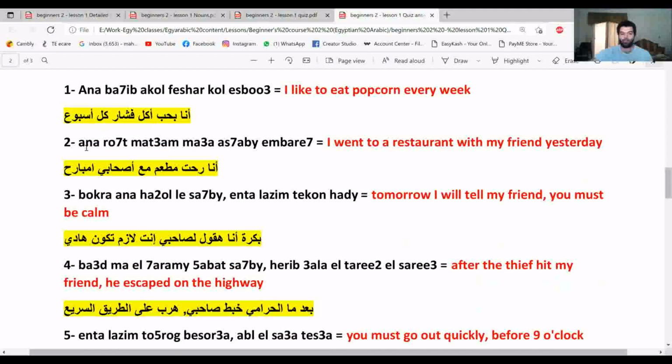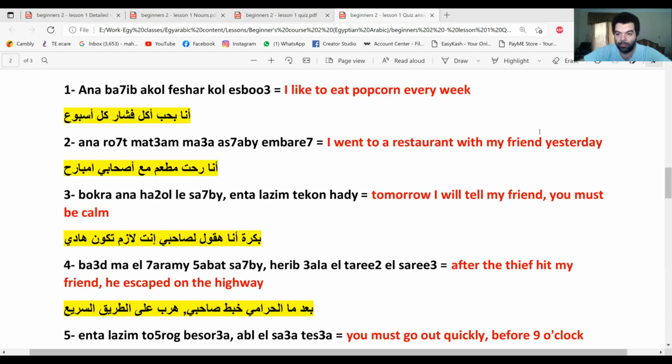Okay, good. So أنا رحت مطعم مع أصحابي امبارح. What does that mean? It means I went to a restaurant with my friends yesterday. أصحابي, it should be friends. That's a typing mistake. So here there should be an S. Should be an S right here.